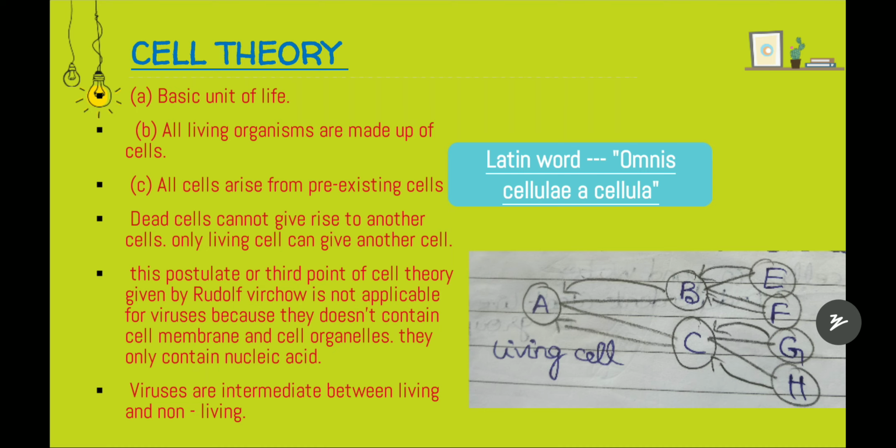We learned from Robert Hooke's observation that cork is made up of dead cells. So cork cells cannot give rise to other cells, because they are dead. Only a living cell can give rise to another cell. So all cells arise from pre-existing cells.